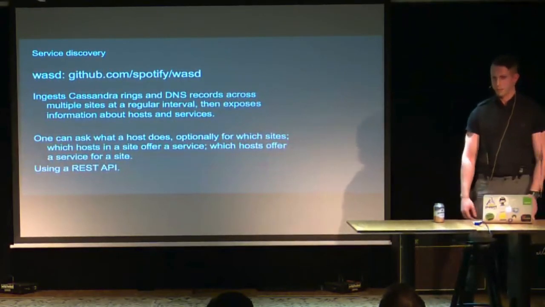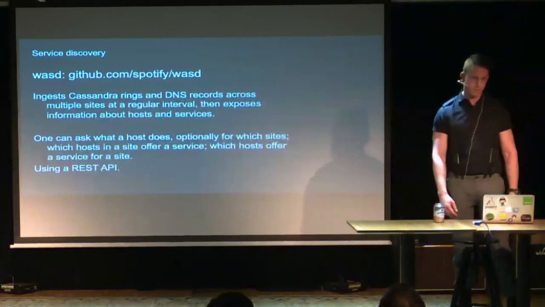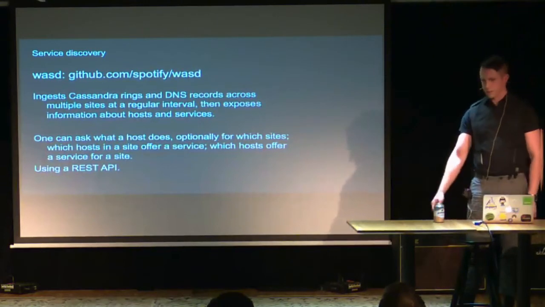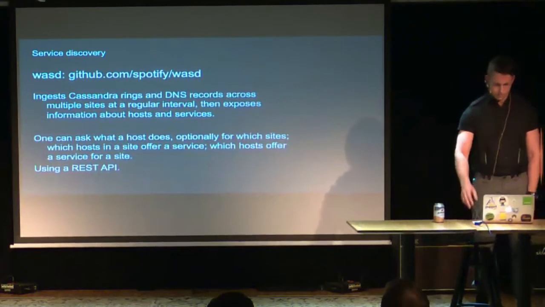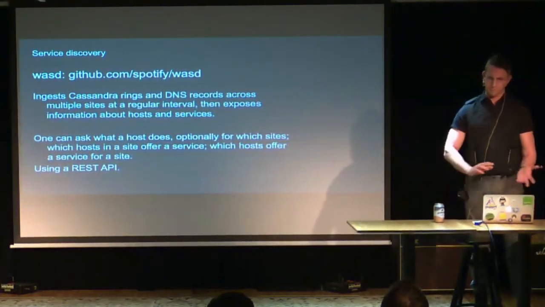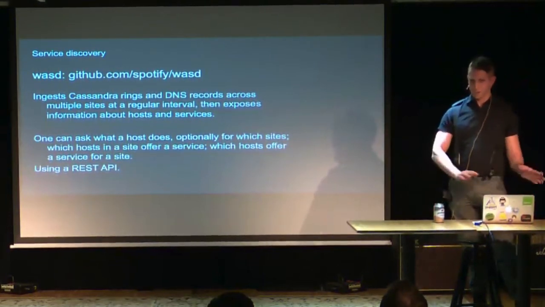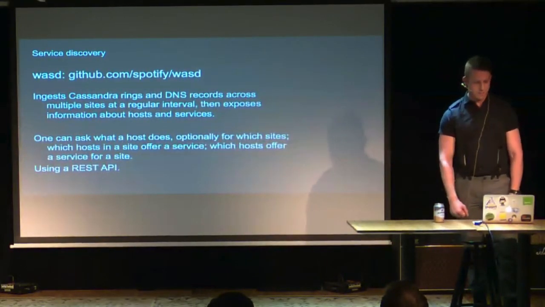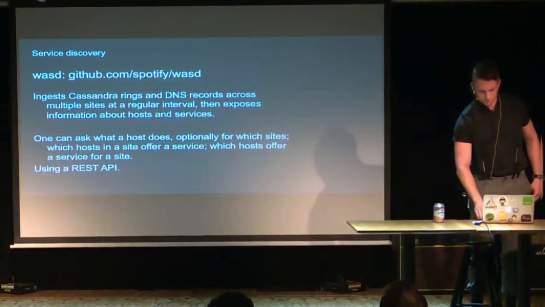We try to have most services in all of the sites, but some of them are only in some of the sites. And it also has a REST API, so you can easily query that, but you can check it out on GitHub. It's not a Puppet tool, but just a side note to the whole node classification thing, and the difference between node classification and the service discovery part.